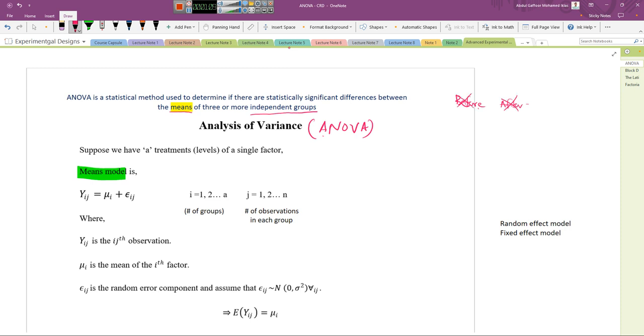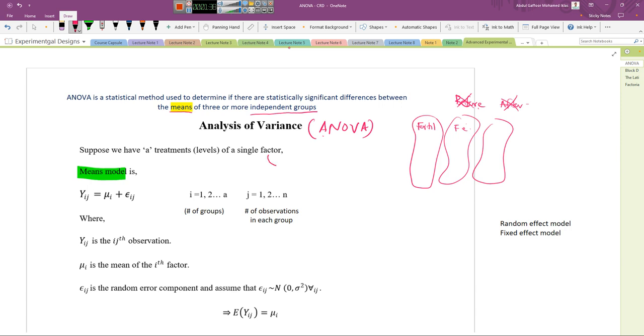For example, if you take fertilizer A, fertilizer B, and fertilizer Z, these three groups are independent. Now suppose we have a treatment levels of a single factor. First we have to understand what factor and levels are.